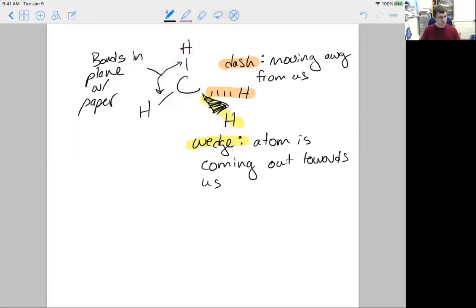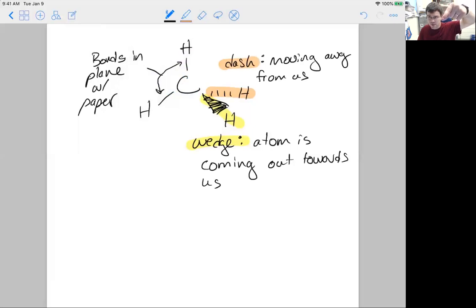Okay. So it's kind of like this. I've got my finger, the wedge is coming out towards you, and the thumb is going away from you. So my thumb is my dash pointing away. My wedge is my finger pointing towards you.